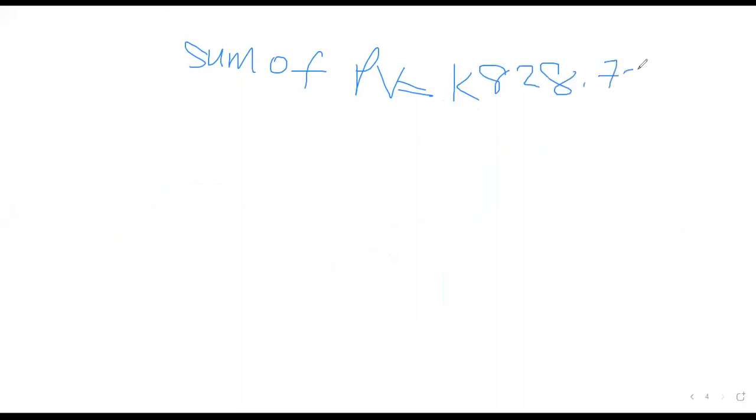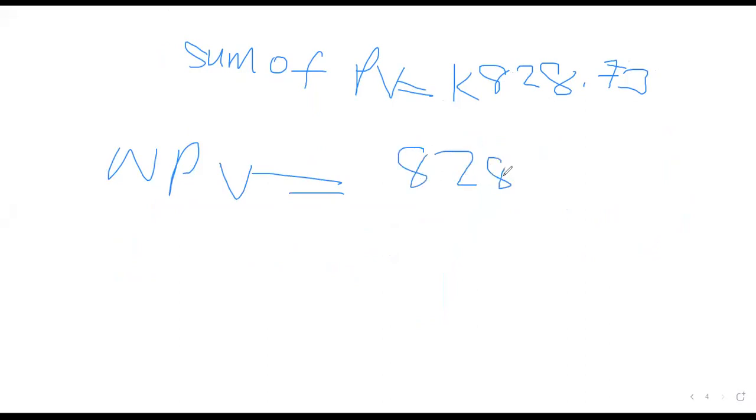Then minus the initial investment, meaning that our NPV would have been 828.73 minus 1,000.